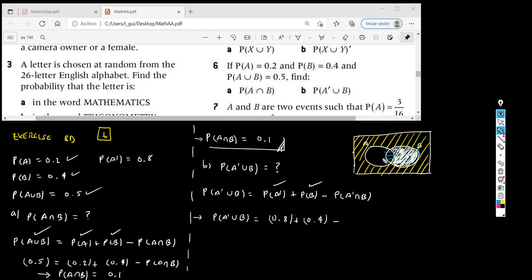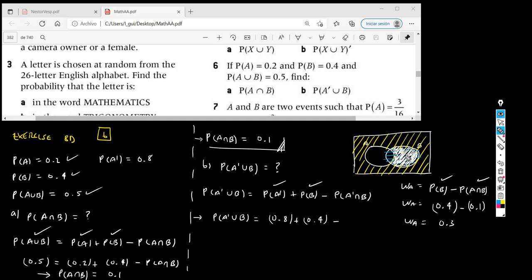Reasoning geometrically, we can see that this white area is equal to the probability of B, which is all of the circle, minus this little bit in here, which is the probability of A and B, the intersection of A and B. So the probability of B, that's 0.4, minus 0.1, and therefore the white area is going to be 0.3.